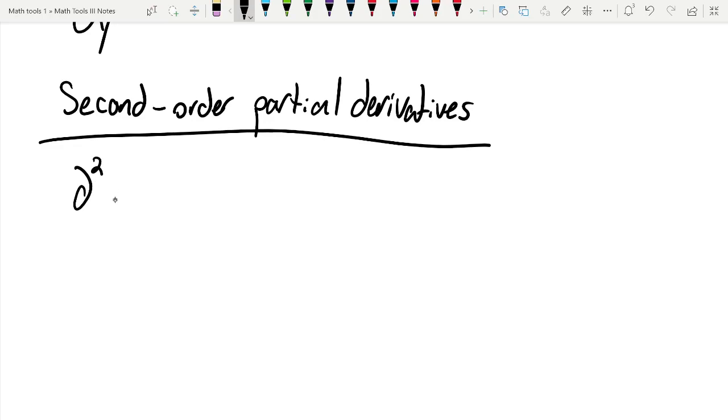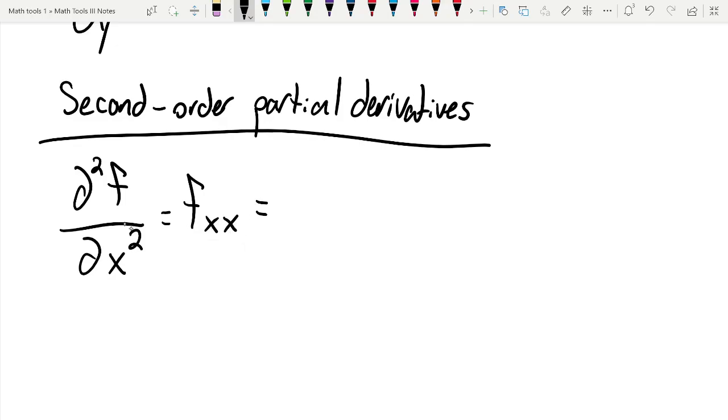So our first one, the notation we would use is either this. Just like the normal second derivative notation that we had, it's also commonly written like this. This would be read as: this is the first variable you take the derivative with respect to, this is the second one.